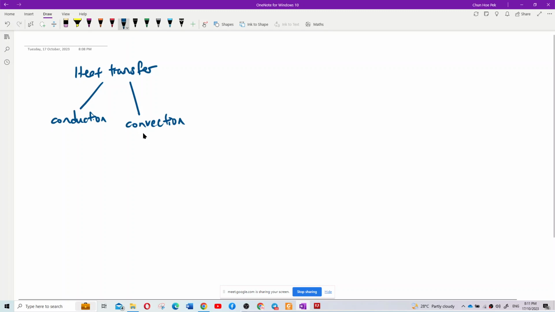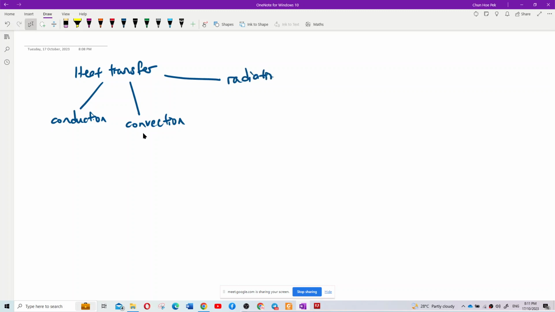Heat also transfers by radiation, which is normally for the sun, sunlight radiation. So there are three ways of heat transfer, but for our syllabus, we only learn heat conduction.